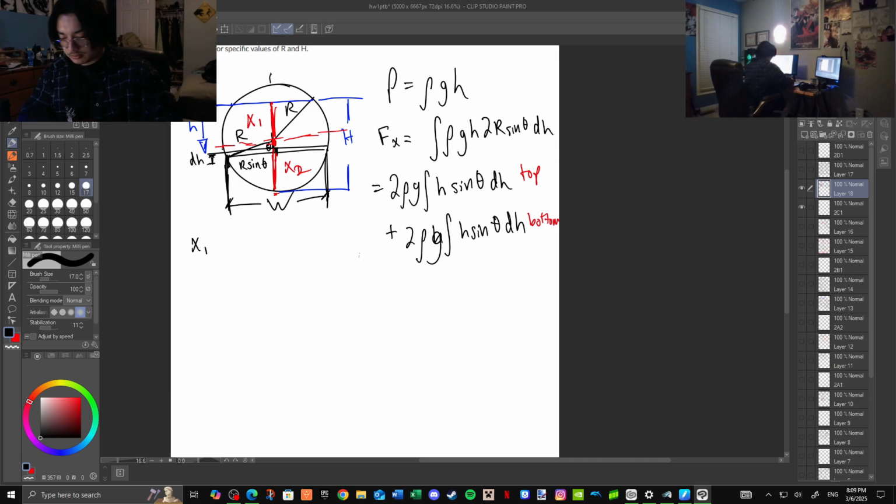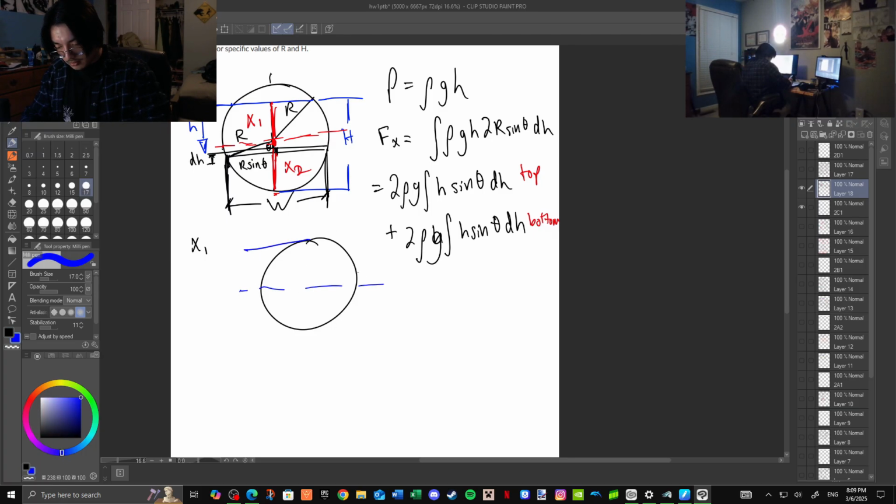We'll start with that. With x1, let's say we're taking a measurement of little h from here. Say the overall fluid is here.